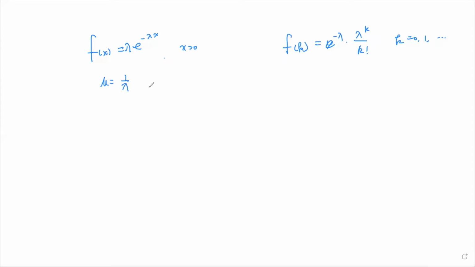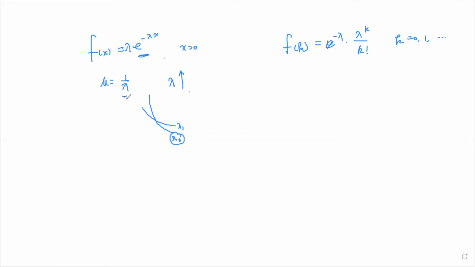What it means is that when lambda is bigger, this function goes to 0 faster. So it's steeper than when lambda is smaller. So this lambda 2 is bigger than lambda 1. And the tail probability would be smaller for that one.